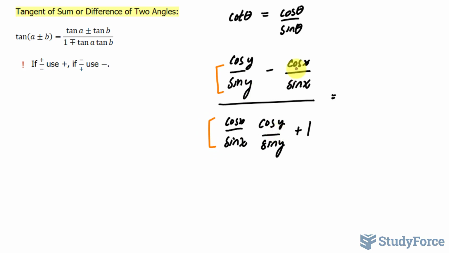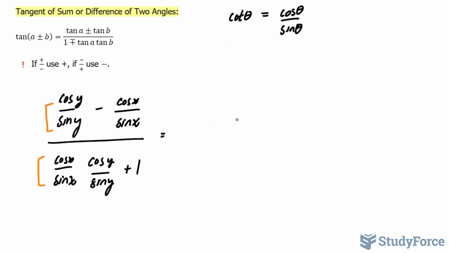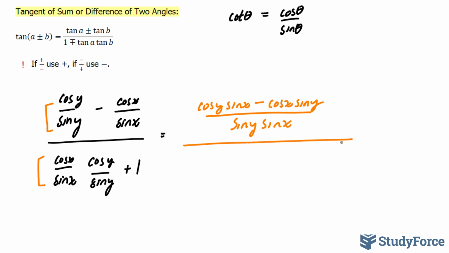The common denominator for the numerator terms is sine y, sine x. I multiply these two denominators together, and to find the numerators, I multiply this with that, this with that. As discussed, sine y, sine x, that's the common denominator, cosine y, sine x, minus cosine x, sine y, all over, and the denominator is here.